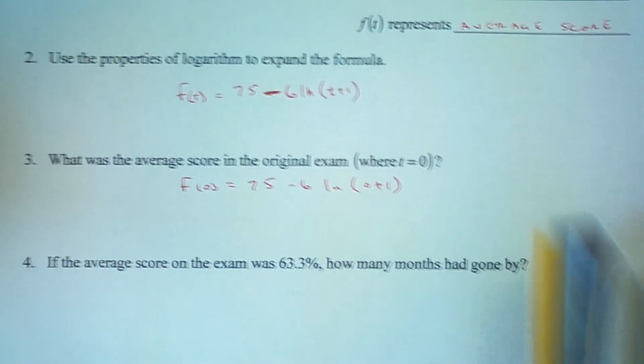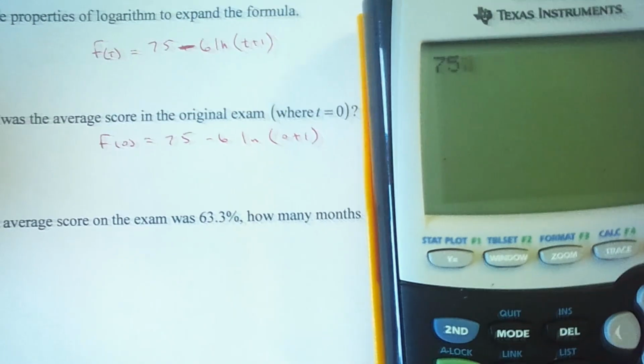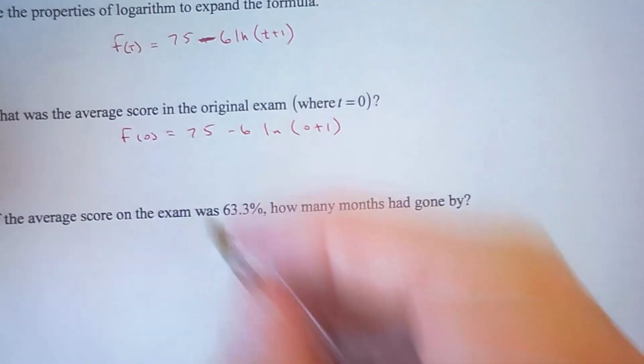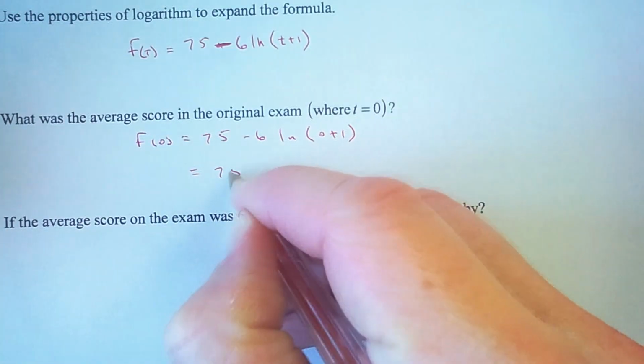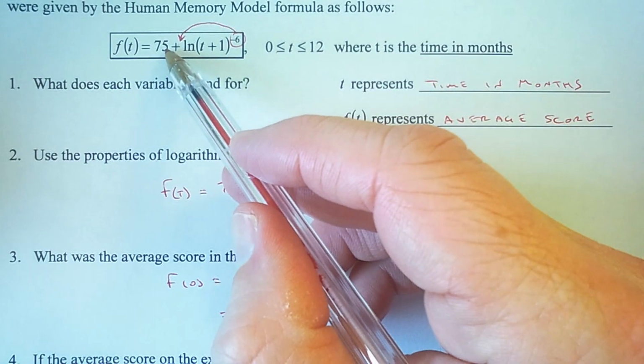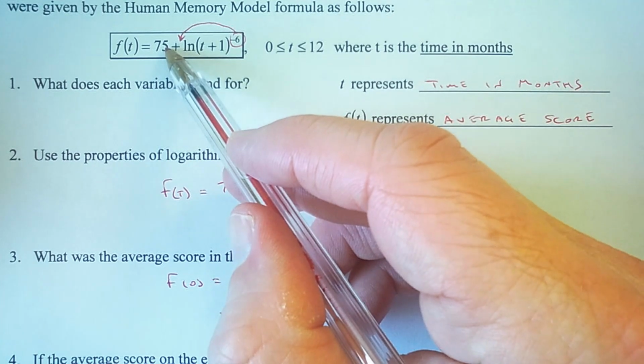Okay, now I can type that right into my calculator. 75 minus 6 natural log 0 plus 1 is 75. So that's 75%. What that's really saying is that this 75 represents the average score when time is 0.